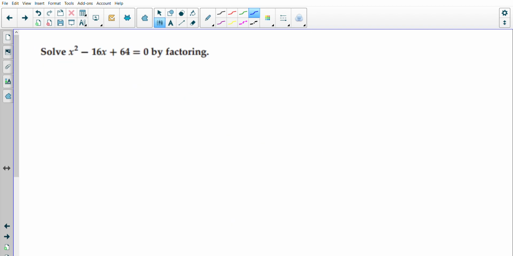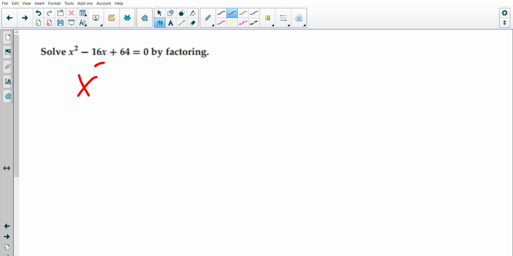One more. Solve x squared minus 16x plus 64 is equal to 0. Now, if we get good enough, we can actually see this factor. This is a perfect square trinomial, but the method I taught you earlier does still work.